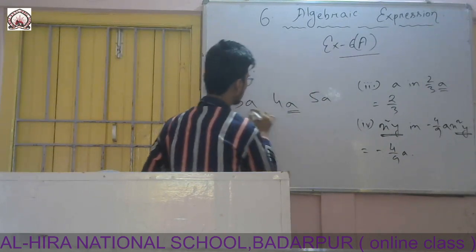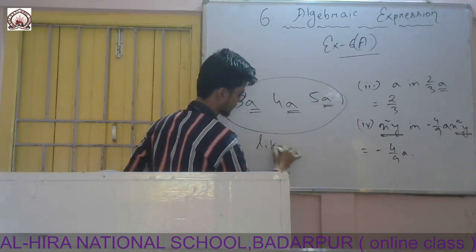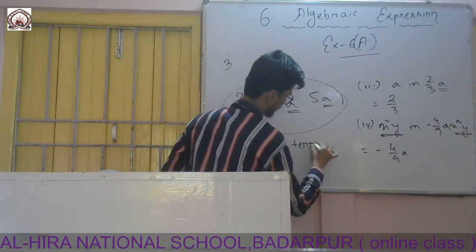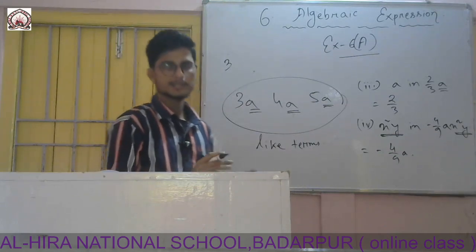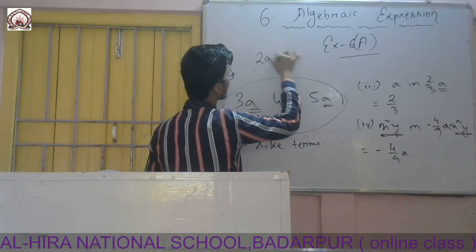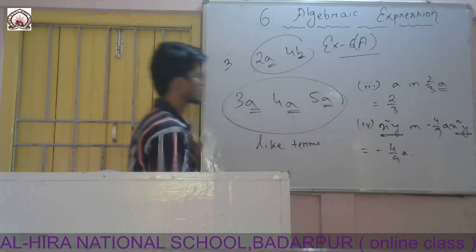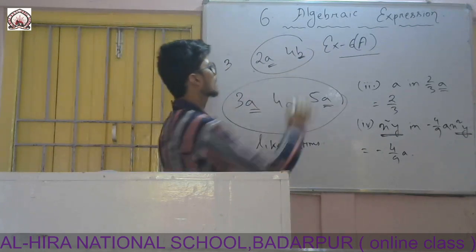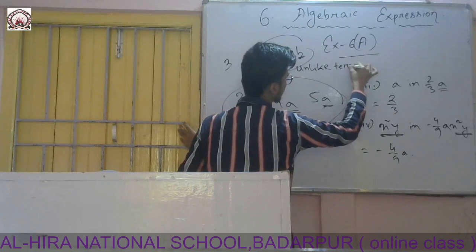So they have the same literal factor. So they are like terms. And unlike terms, if they have different literal factors, for example 2a, 4b, the literal factors are different, that means they are unlike terms.